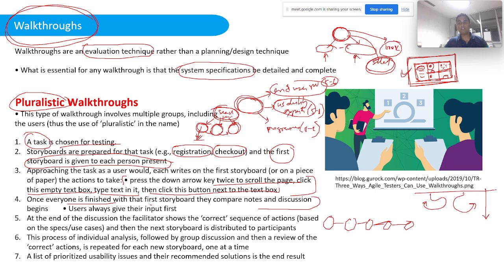So they do this discussion and they finally come to a conclusion on what should be the most optimistic way to perform that particular set of storyboards or set of subtasks. So a pluralistic walkthrough allows you to understand the most efficient way of interaction in this particular case, and also gives you information about possible shortcuts and possible interaction issues which you can minimize in a design.